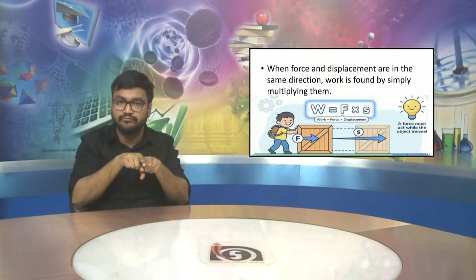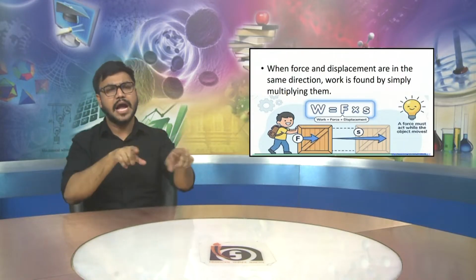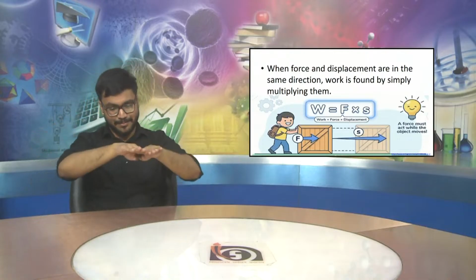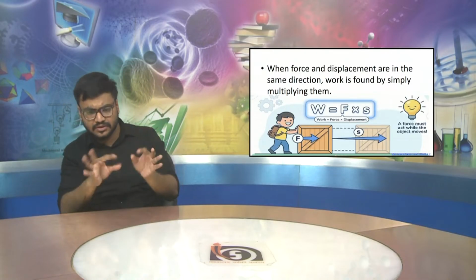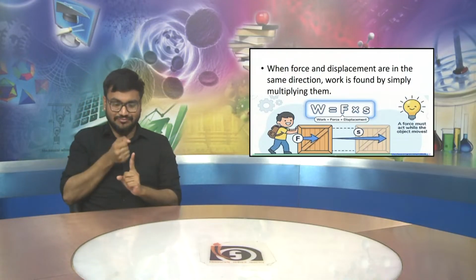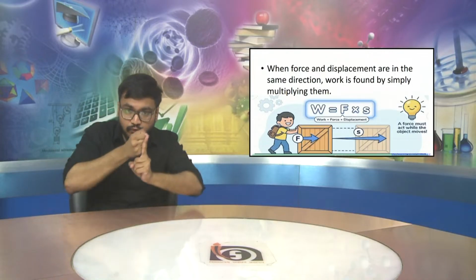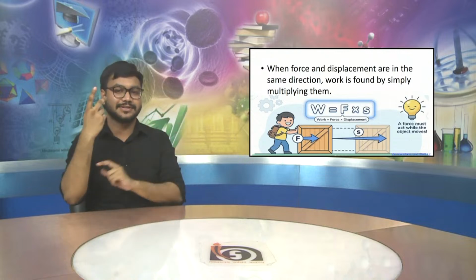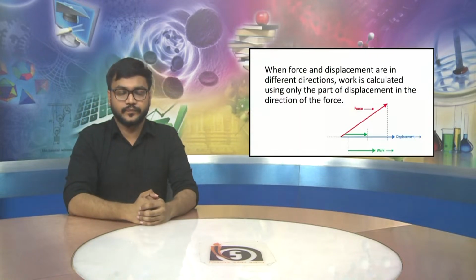When force and displacement are in the same direction, work is found by simply multiplying them. For example, there is a boy pushing a box, so from the force he is using and the distance the box moved combined, we get the work.